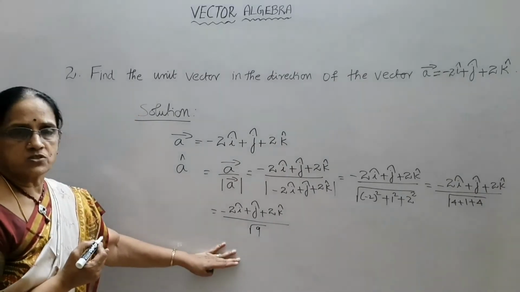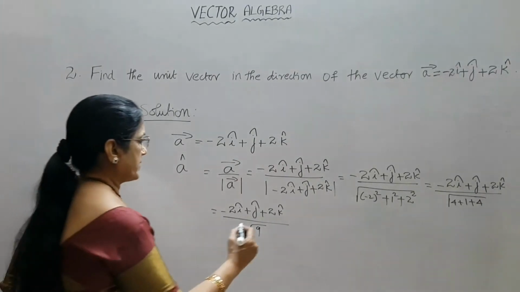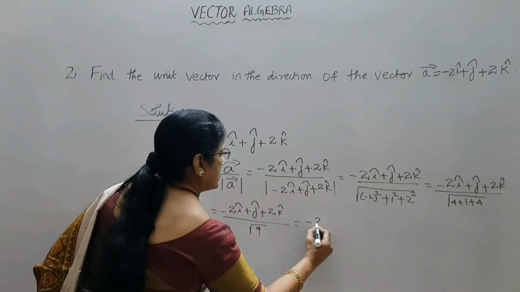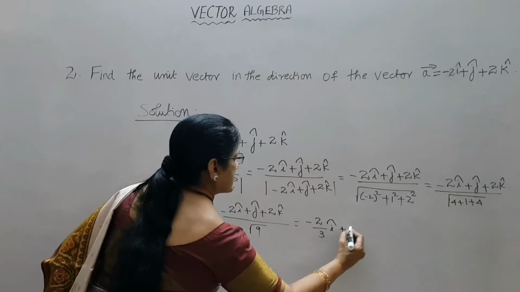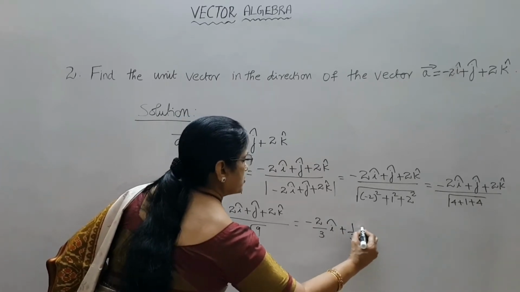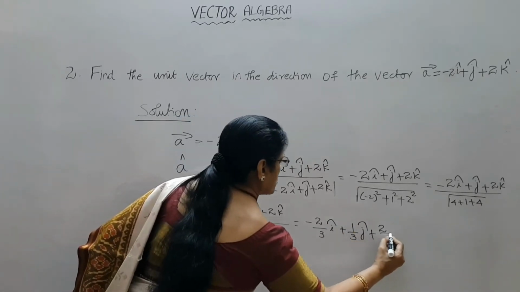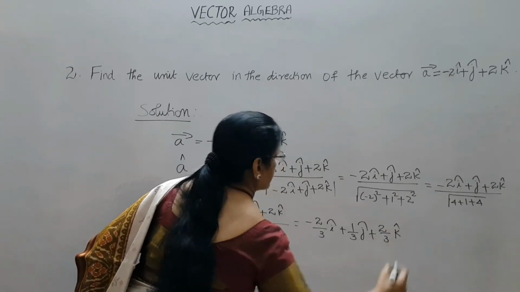You know root 9, square root of 9 is 3. So you will be getting this as minus 2 by 3 i cap plus 1 by 3 j cap plus 2 by 3 k cap.